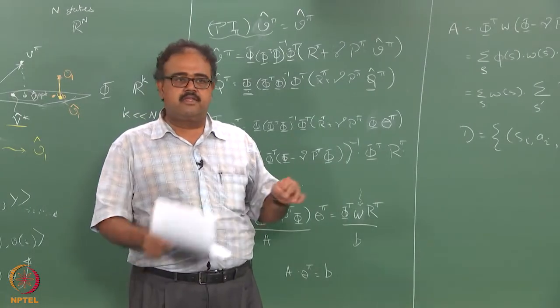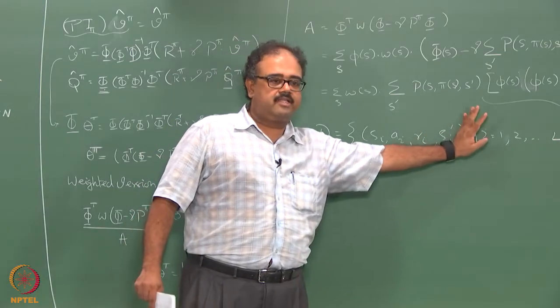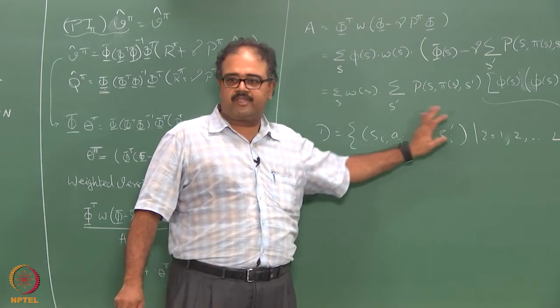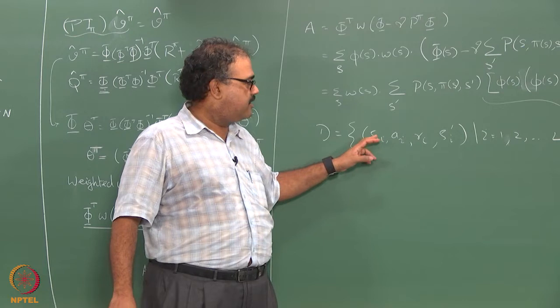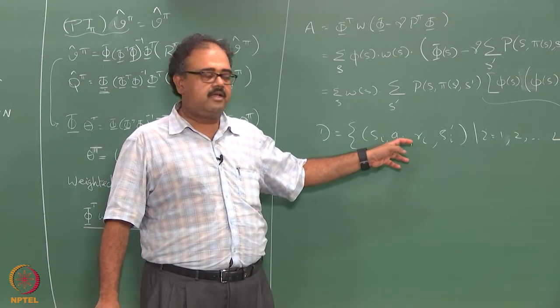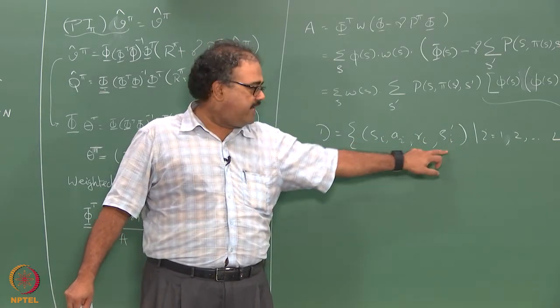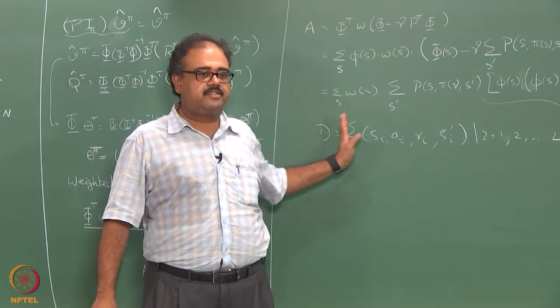Remember, this is the current state, action, reward, and the next state. That's the form of samples I am going to get. So in our normal notation, it will be ST, AT, RT plus 1, ST plus 1. The i index just denotes the ith sample, nothing to do with the time indexing.